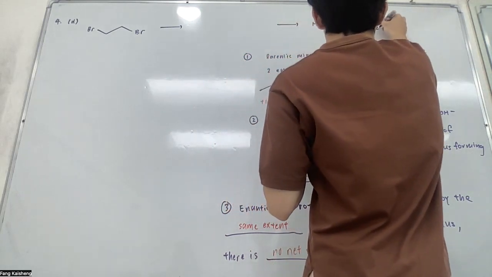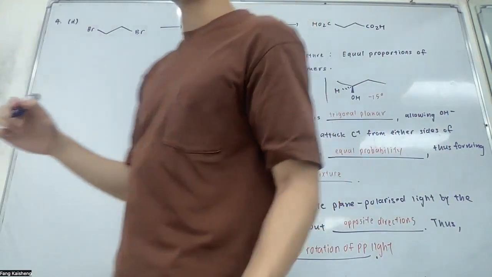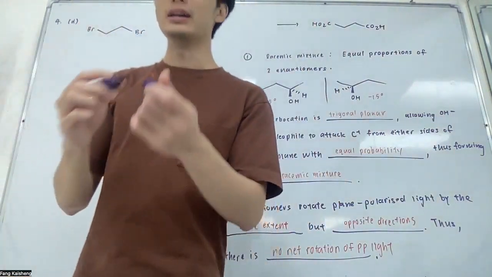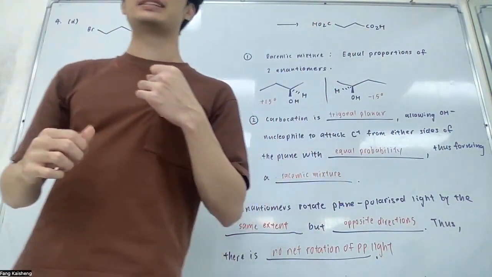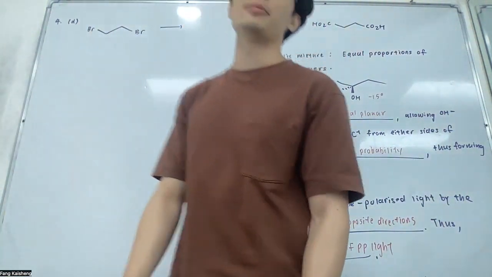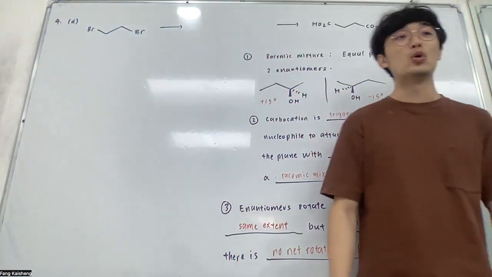Remember what I told you last lesson about this kind of reaction synthesis question: you must always count the number of carbon atoms first. Sometimes that can give you a clue.